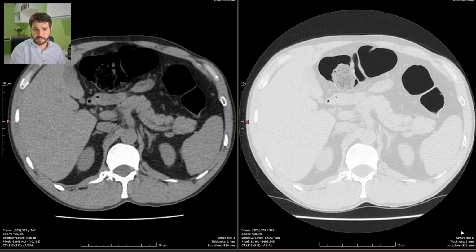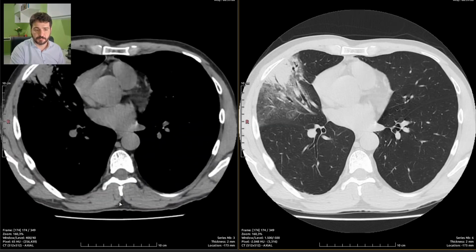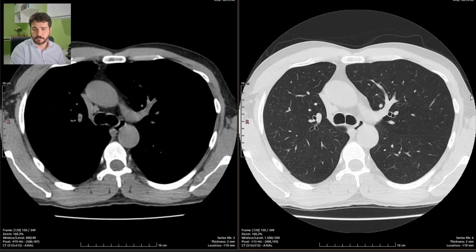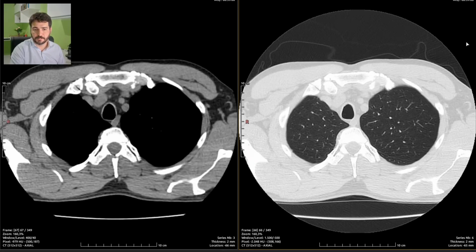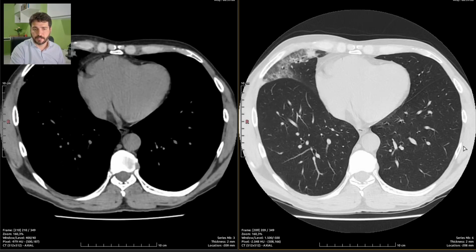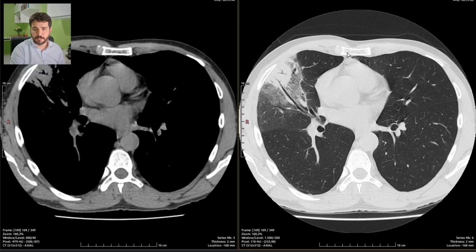Doesn't seem like this is a cancer patient. He's a strong patient. There's quite some subcutaneous fat and large muscles. Looks like a normal, healthy patient that has an acute pulmonary disease on the right.